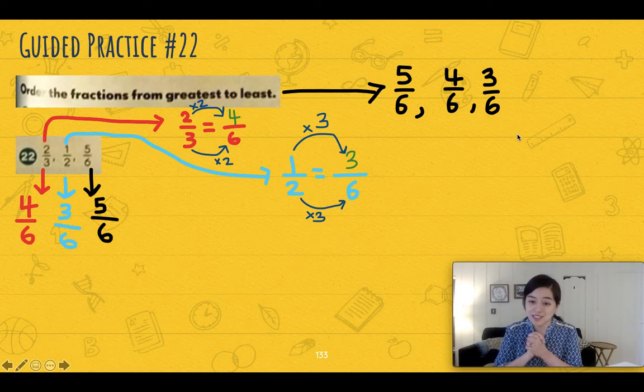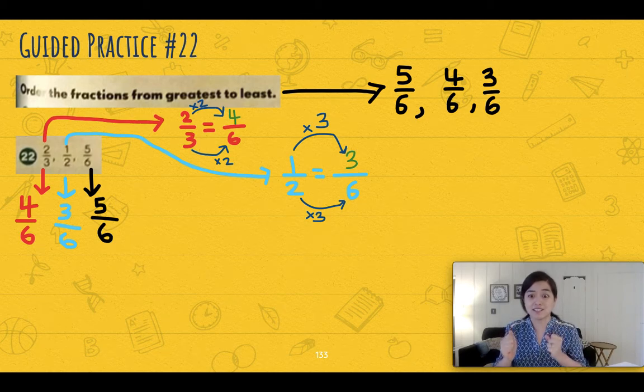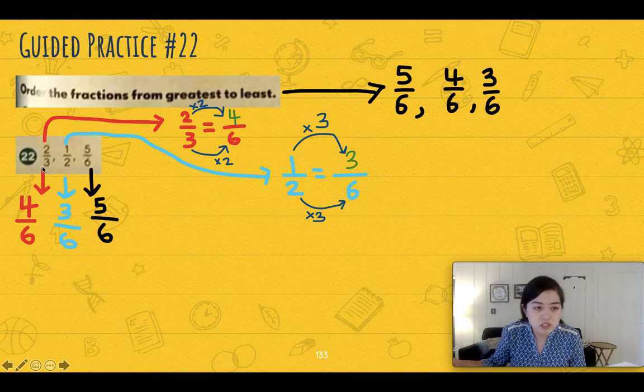But I am not done because I have to use the original fractions given in the problem. So let's see, do I have a 5/6 in my original problem? I do, it's right here. So I can keep that. What about my 4/6? I don't have a 4/6. What about 3/6? I don't have a 3/6, but I know what it refers to, because I can look at my notes here that I took.